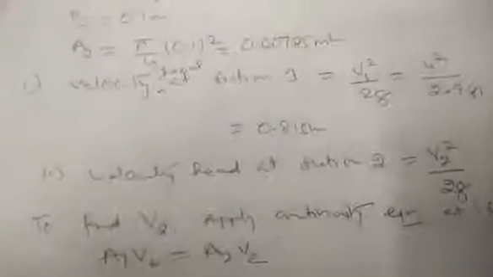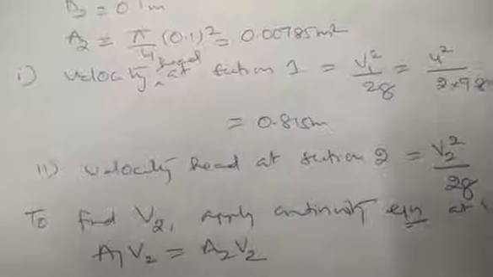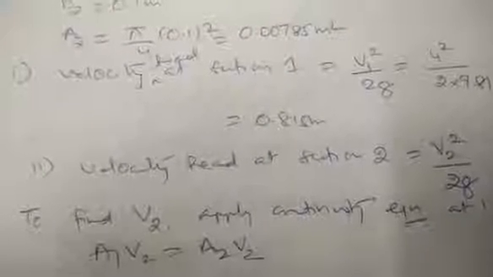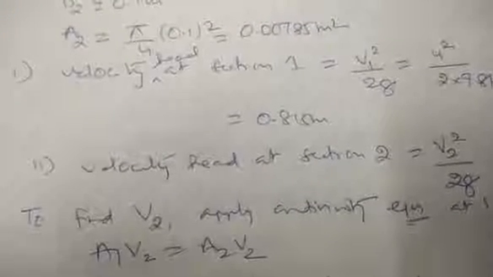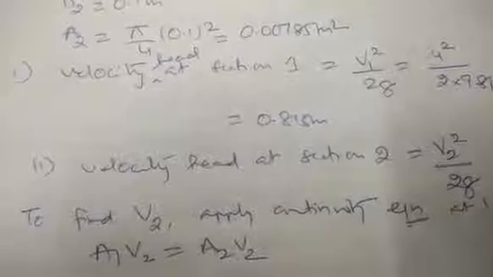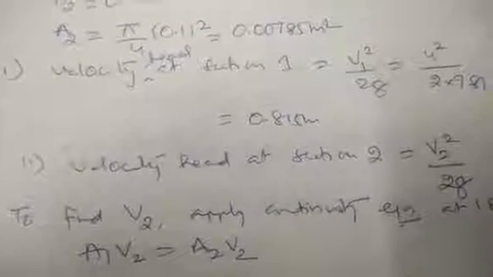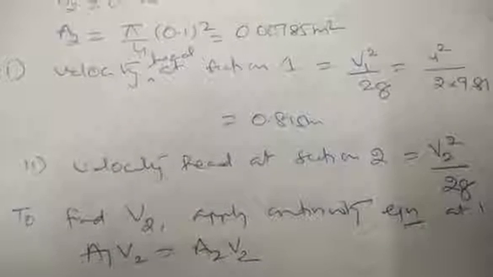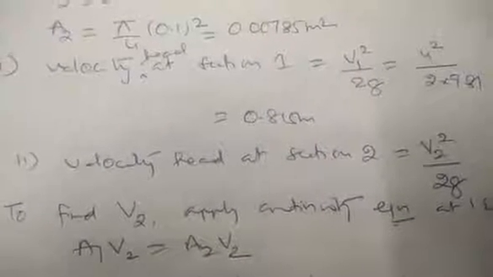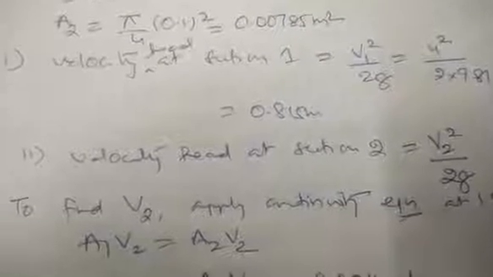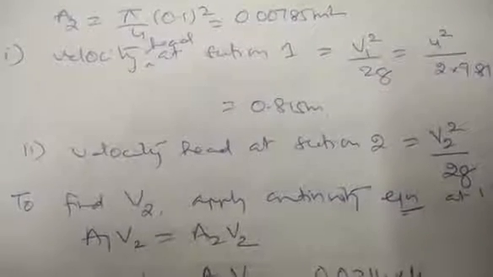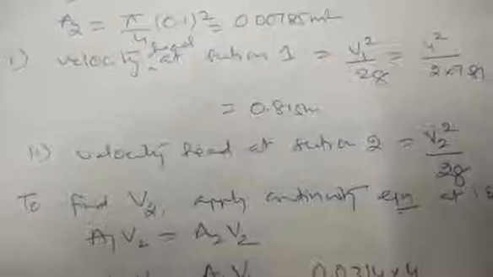Now we need to find the velocity head at section 1. As we discussed in the last problem, velocity head at section 1 is equal to v1 square by 2g. v1 is given in the problem, it is 4 square by 2 into 9.81. From that calculation we get the velocity head at section 1 as 0.815 meter.